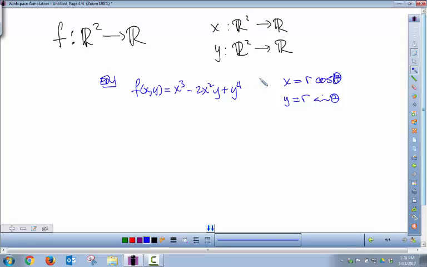Well, let's stop and do the tree. What's our topmost function? F. So let's start with the topmost function, f. F is a function of how many variables? X and y. So f is a function of x and y. Now x and y are functions of how many variables? 2 each, r and theta. So let's do it like this. Check this out.